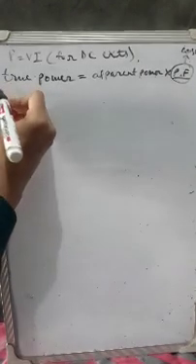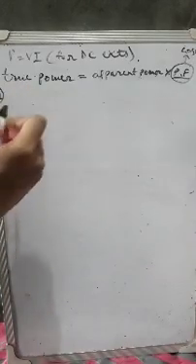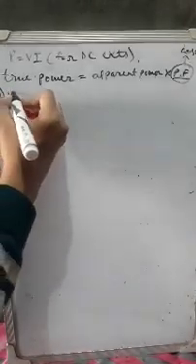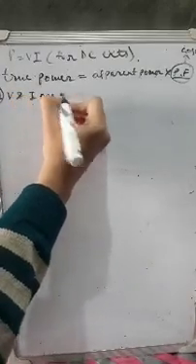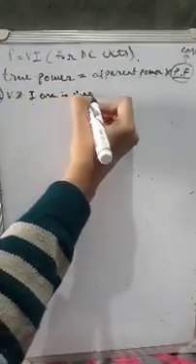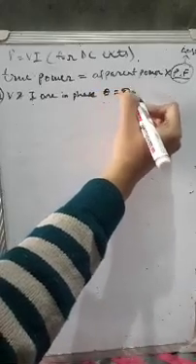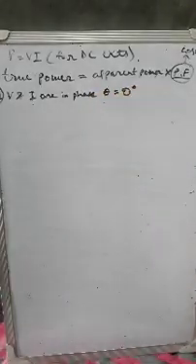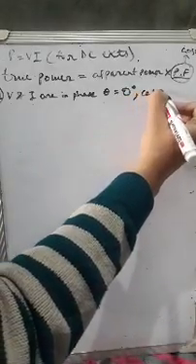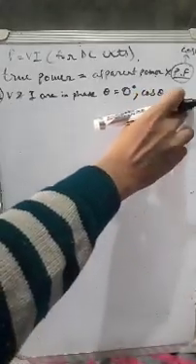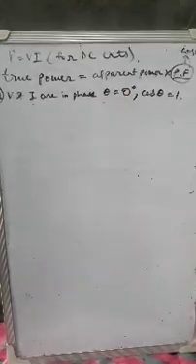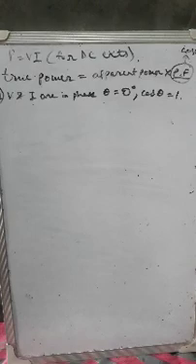That is the first condition: when the voltage and the current are in phase, theta becomes 0 degrees and cos theta equals 1 because cos 0 is 1. So the power consumed by the AC circuit will be the maximum.